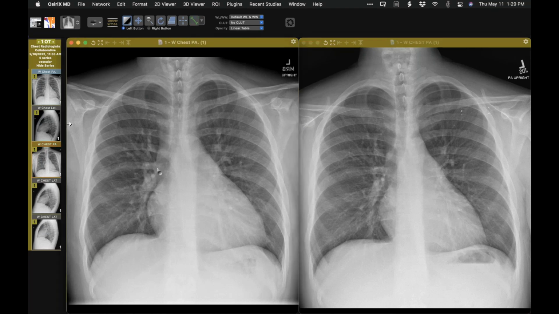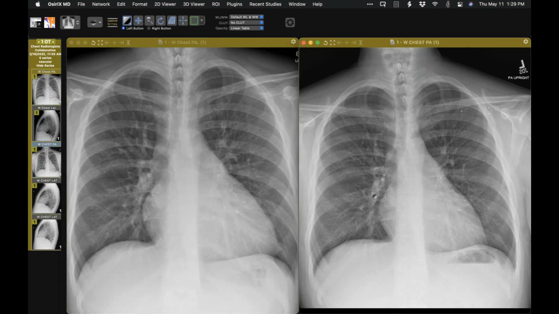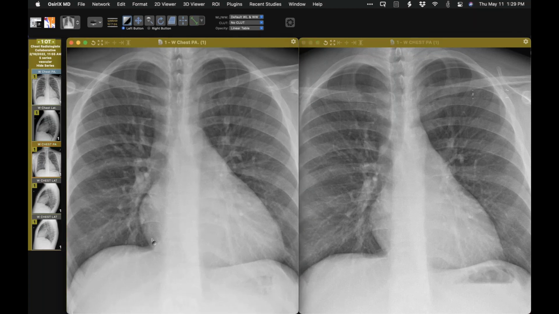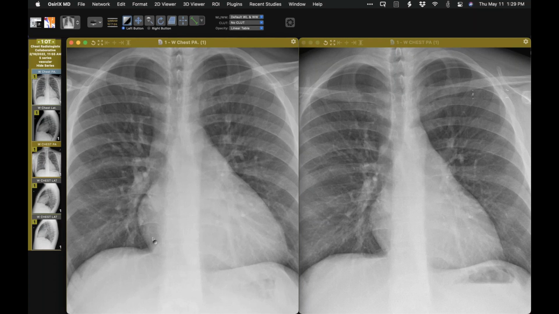The pulmonary vessels are more distended than here, and the distended vessels are more than just arteries. There's also veins. And they're equally distended in the upper and lower lung zones. This is what Eric Milne described as the balanced distribution of pulmonary blood flow. And the cardiac chambers are even bigger then compared to now.